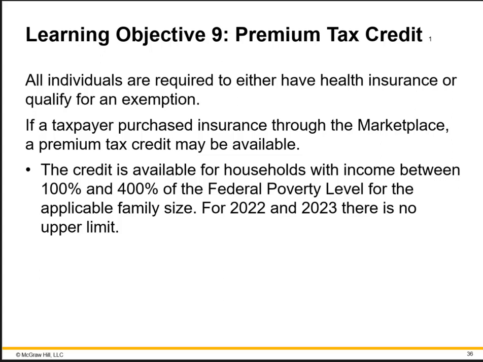If you didn't get any credit during the year, depending on how much you paid, you may qualify for part of that amount you paid as premiums back to offset your other tax liability.